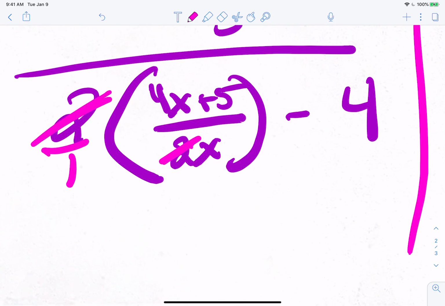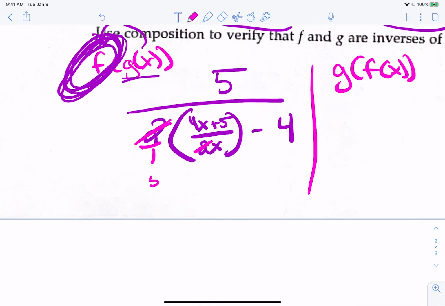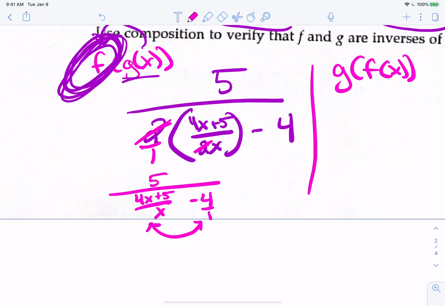So on the top we have 5. We're just going to leave that alone. 4x plus 5 over x, and then I have minus 4. Now, watch this very carefully. This is the hardest step. This guy is 4 over 1, and I want to combine these two things.